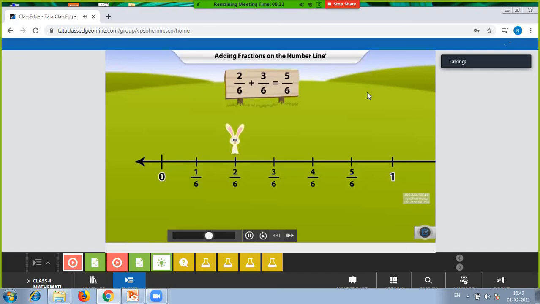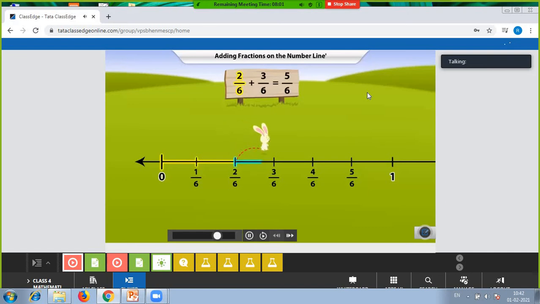We know that every part here represents one of the 6 equal parts. Hence, each of these equal parts is 1 by 6. Now, in order to represent 2 by 6 or 2 parts of 6, Raghu hops across 2 of these equal parts, starting from 0.